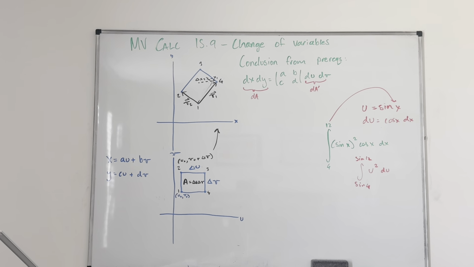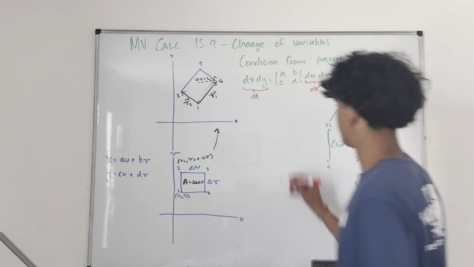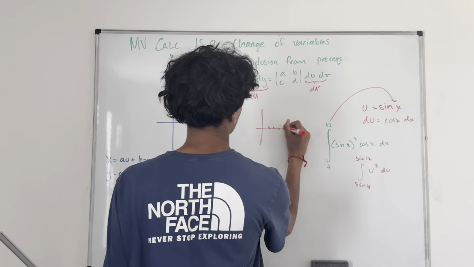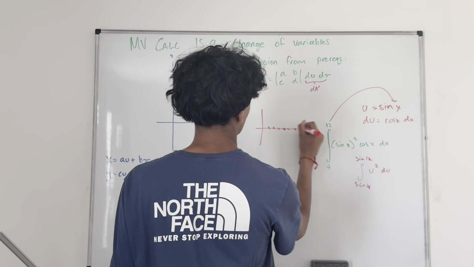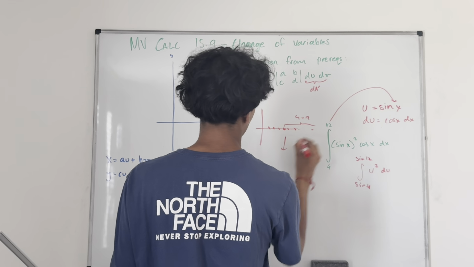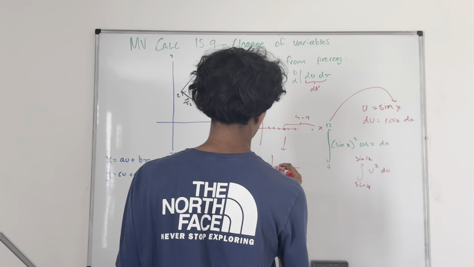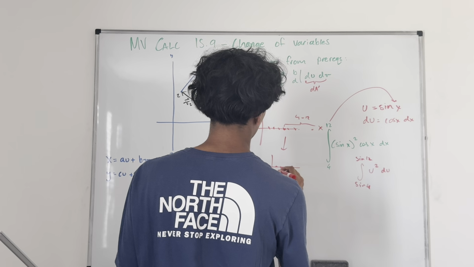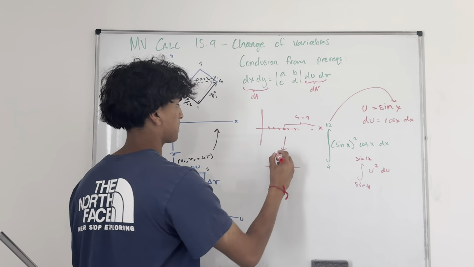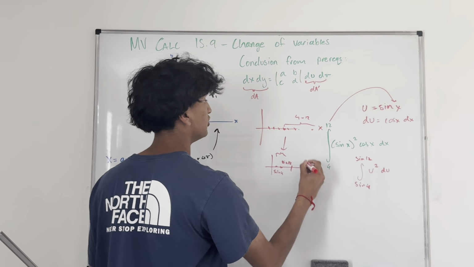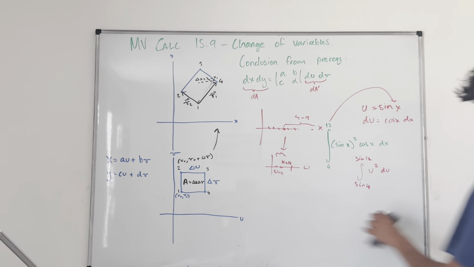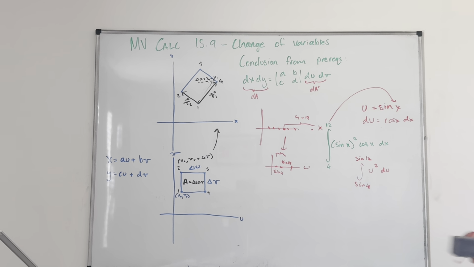Sine 12, sine 4, you've transformed the bounds. So if this is the x-axis, going from 4 to 12, we've transformed it to go from sine 4 to sine 12, whatever those may be. So this is the u world. I've transformed it. Now, when you want to do a change of variables, this is what we call a change of variables.